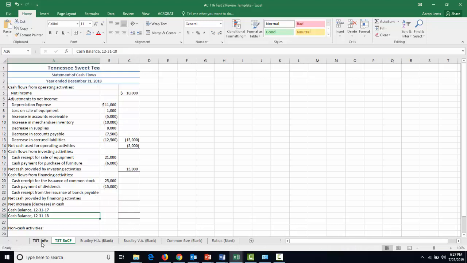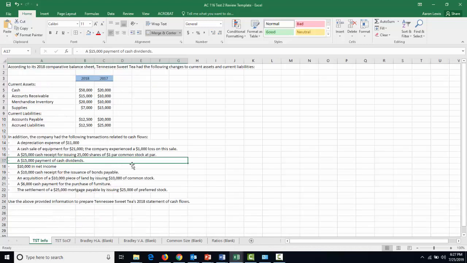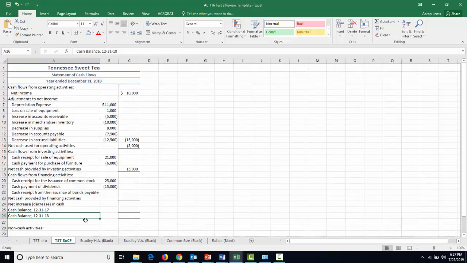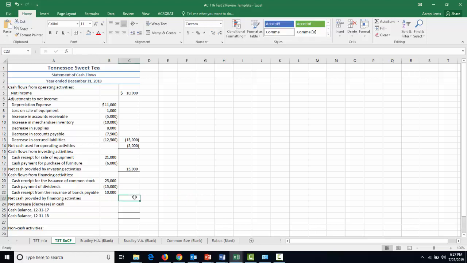So we signed a bonds payable, and when we signed that bonds payable, it was $10,000. So we're the ones taking in the cash by selling the bonds. It's going to be positive. And our net cash provided by financing activities is going to be equal to the sum of those three numbers, or $20,000.